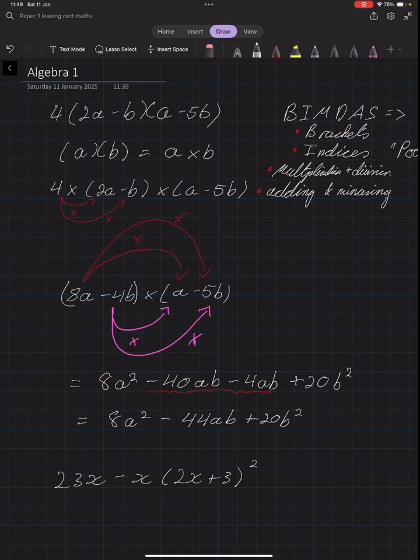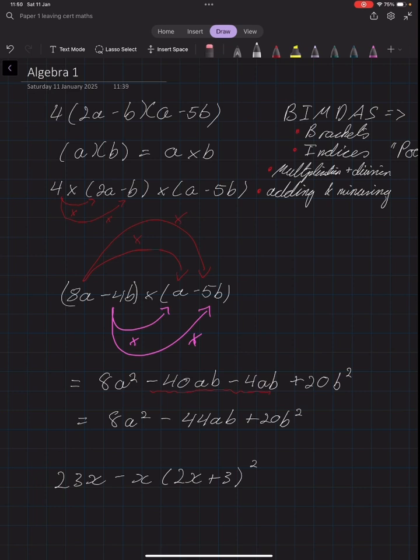The thing is, I can't add 2x to 3 because I don't know what x is. I know that I said you have to do them first, but in this case I can't do anything with it. It's not like I can say 2x plus 3 is equal to 7, because I don't know what x is, and therefore I can't give it a definite answer. So what's in the brackets is just 2x plus 3, and that's that.